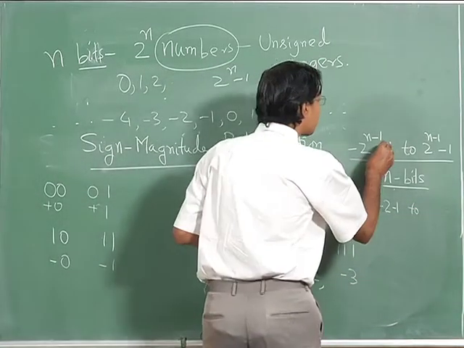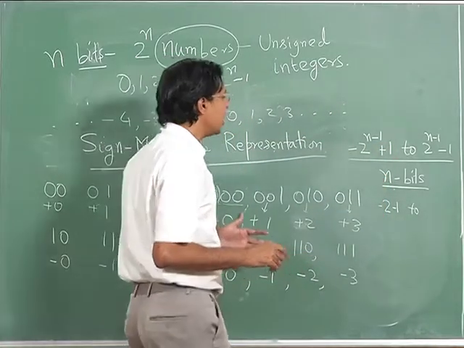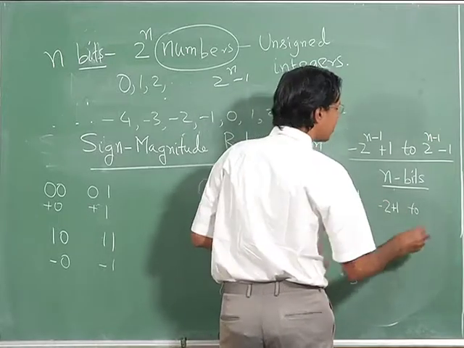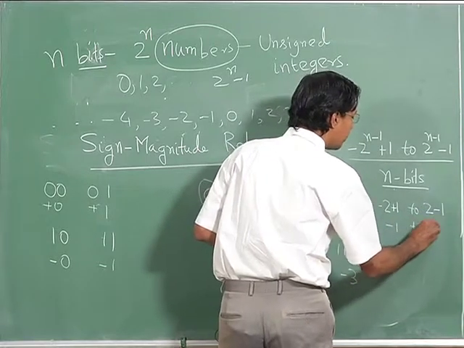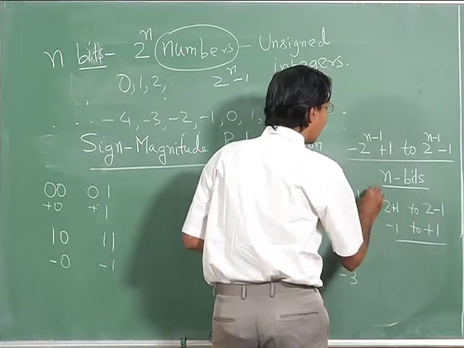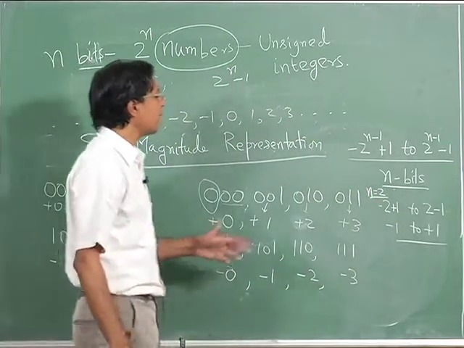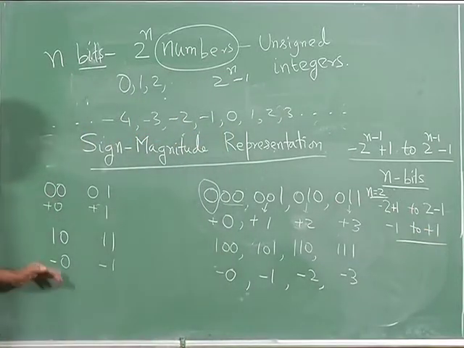Sorry, minus 2 power n minus 1 plus 1 to 2 power n minus 1 minus 1. If I put n equal to 2 here, it will be minus 2 plus 1 to 2 minus 1, which is minus 1 to plus 1. If I have 2 bits, I can represent from minus 1 to plus 1.